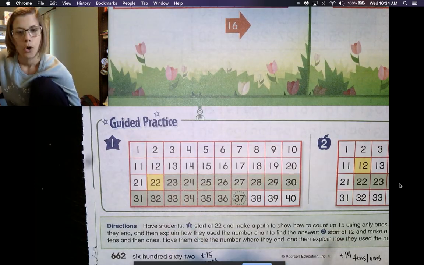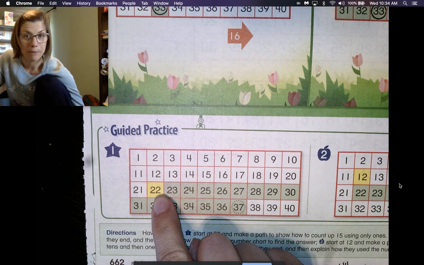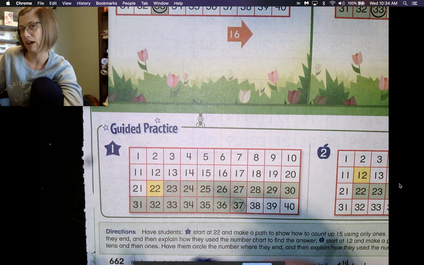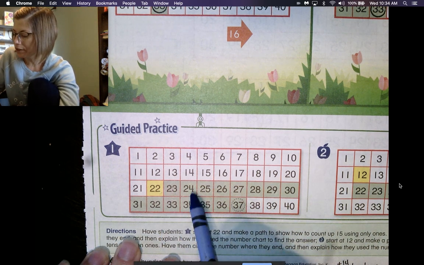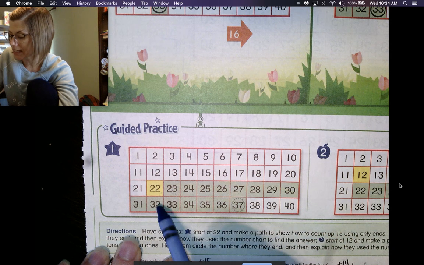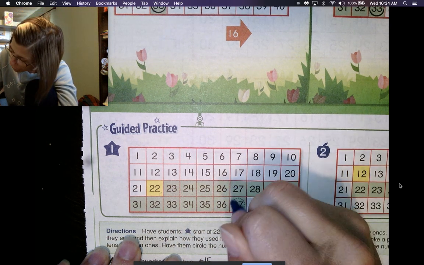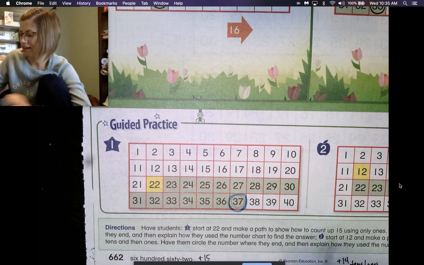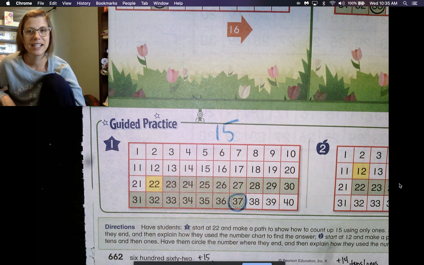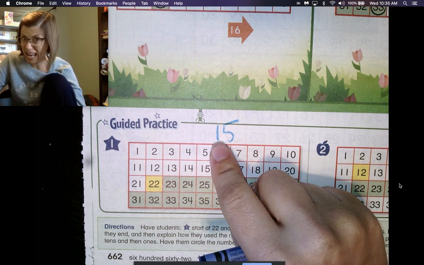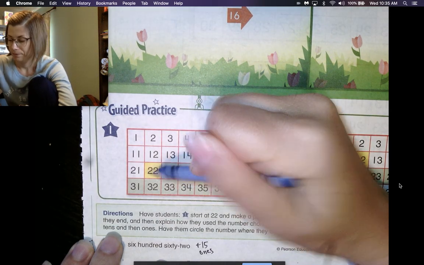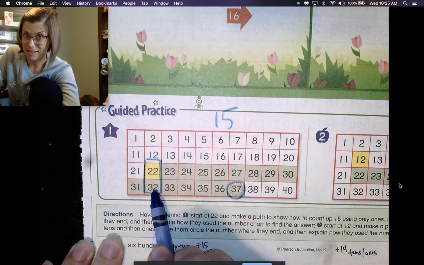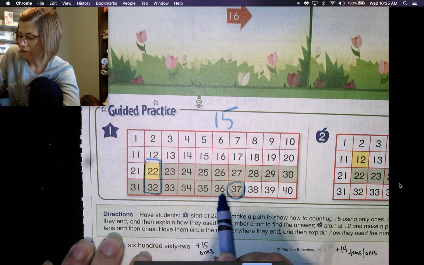So right here, we're going to start with the yellow number, number 22, and they're going to show us how to make 15 steps. Let's just count 15 steps. Ready, set? 1, 2, 3, 4, 5, 6, 7, 8, 9, 10, 11, 12, 13, 14, 15. Phew! I can count to 15, but what if I did 15 steps and started with a 10? 10, 11, 12, 13, 14, 15.